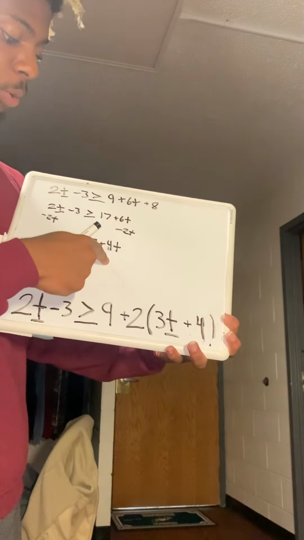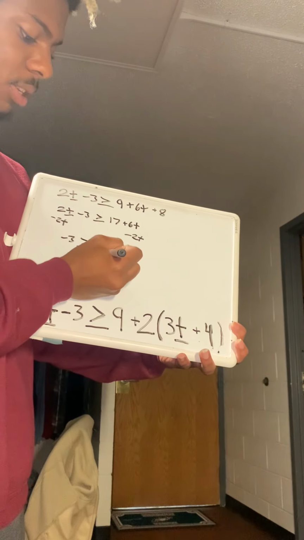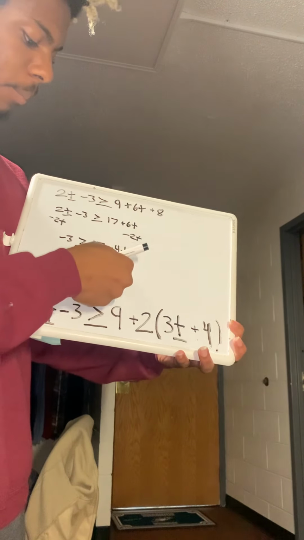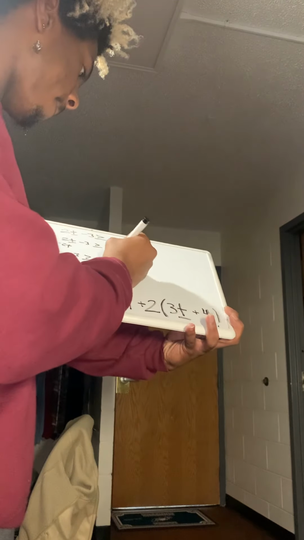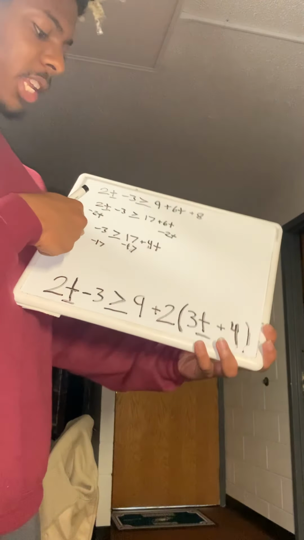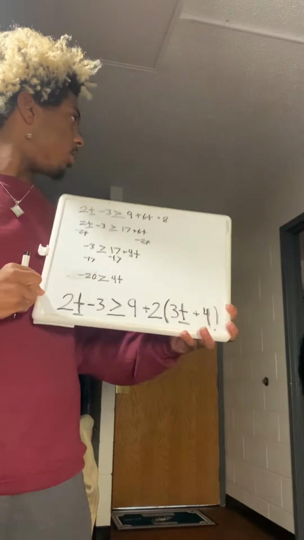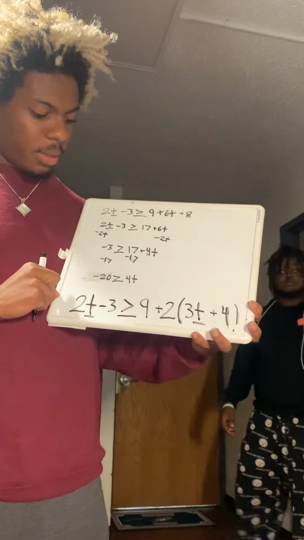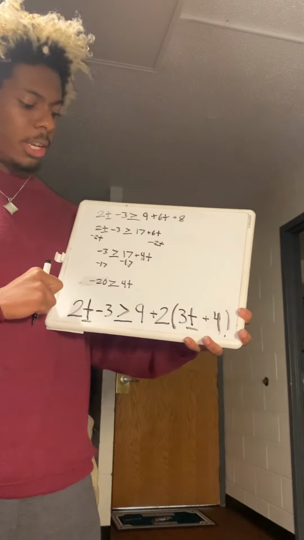Now, to get the unknown fully alone, you would subtract 17 over here also. This would give us negative 20 is greater than or equal to 4t.